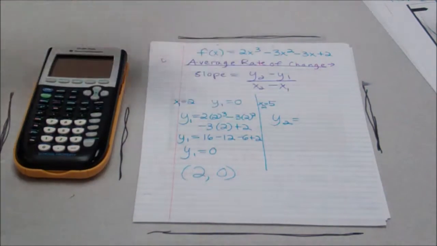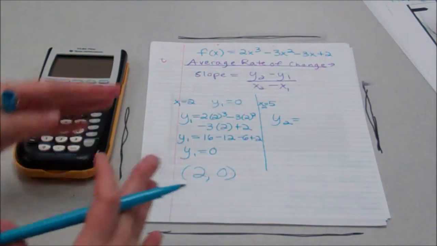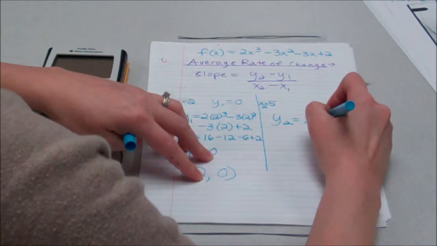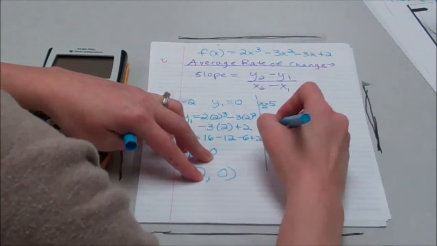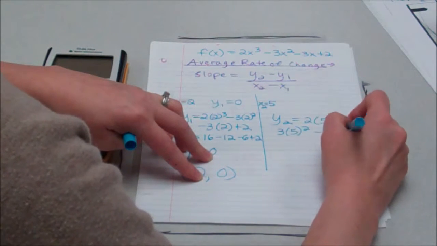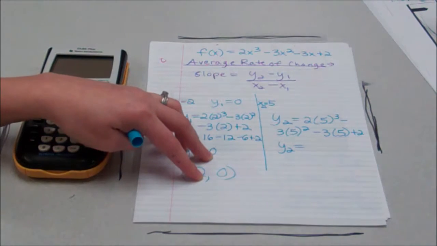For my y2, I need to plug in the 5 because it said average rate of change from 2 to 5. So 5 goes wherever there's an x in my f of x. 2 times 5 to the third minus 3 times 5 squared minus 3 times 5 plus 2. Okay, again, use your calculator if you don't feel like doing it yourself.